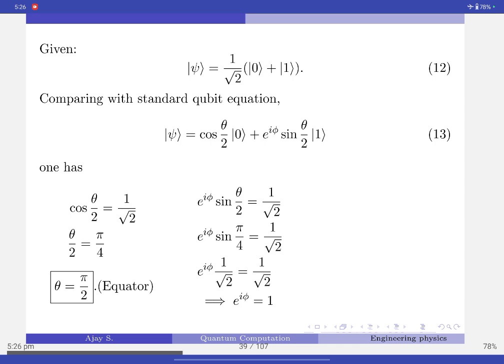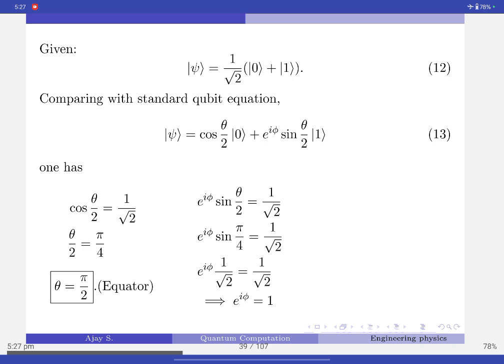But where in the equator? For which you make use of the other coefficient, e to the I phi sin theta by 2, which has to be equal to 1 by root 2 by comparison of 12 and 13. The cos theta by 2 was found to be equal to 1 by root 2, and theta was equal to pi by 2.